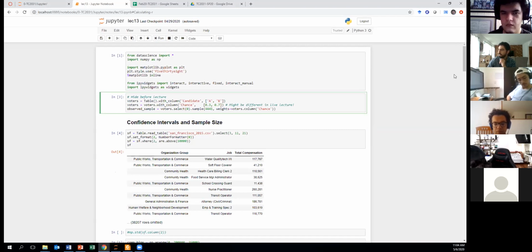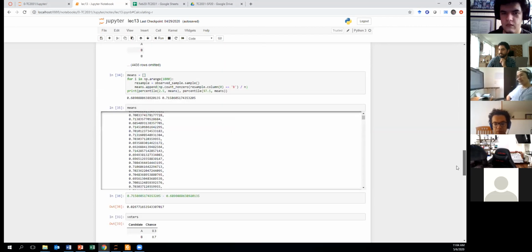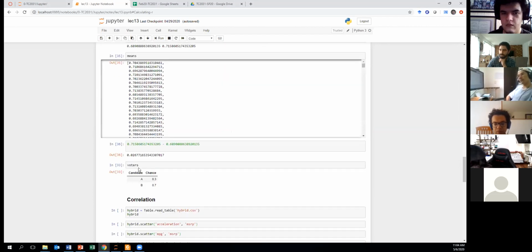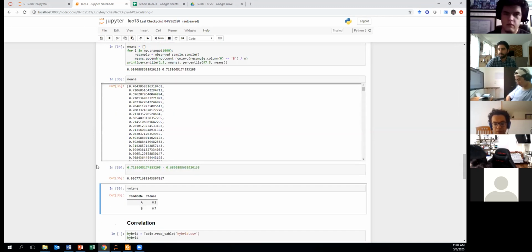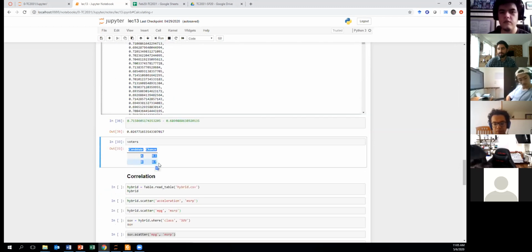Then I sampled this. I sampled 4,000 from this, 4,445 from this, because that's the best we can do in that relation. If I just tell you this is our population example, population sample, that's exactly my population sample. I end up with this, then I say, okay, now I see the voting results. This is my voting results.